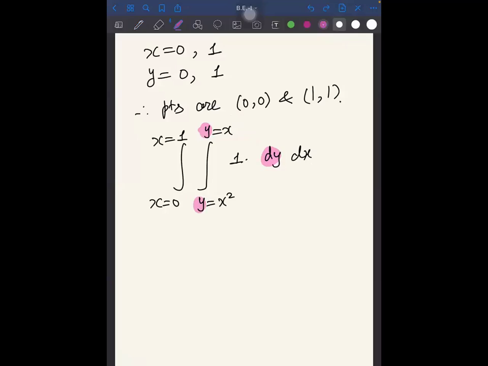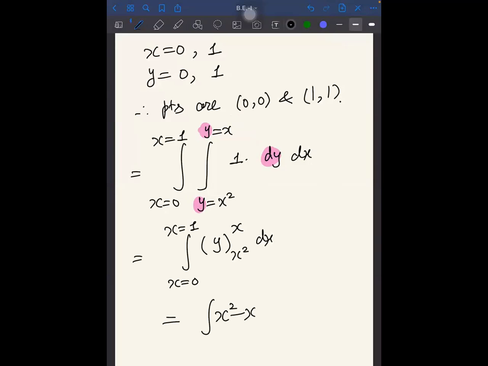So now you simply calculate it. So this becomes what? x runs from 0 to 1. Integration of y will be y from x square to x, dx, and x minus x square, 0 to 1, dx. x square by 2 minus x cube by 3, 0 to 1, right?